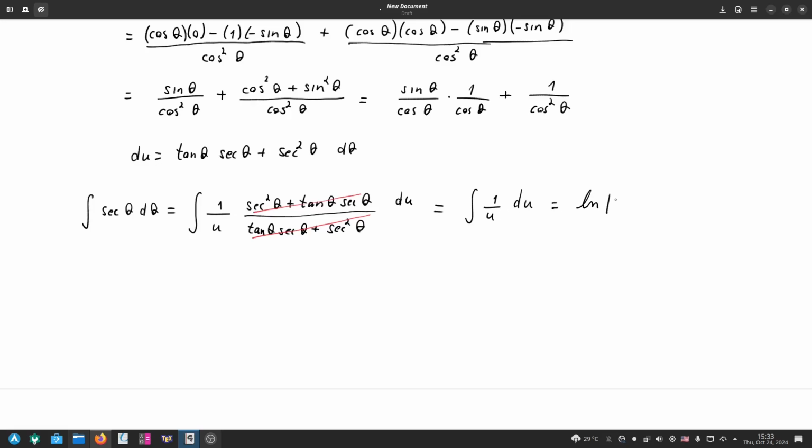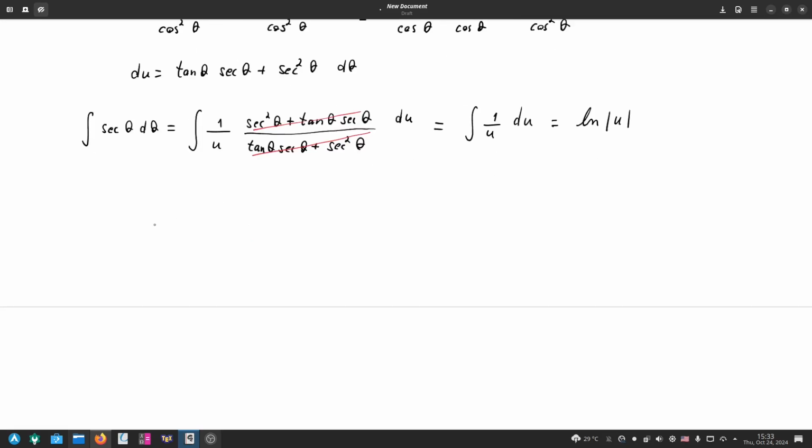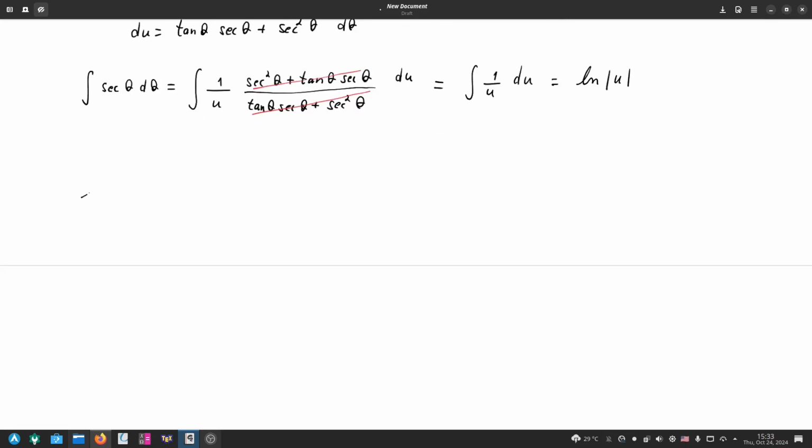So the integral is just the natural logarithm of the absolute value of u. Again, just trust me. I'm not showing how to get to this one either. We need to change our variables back to x and z.